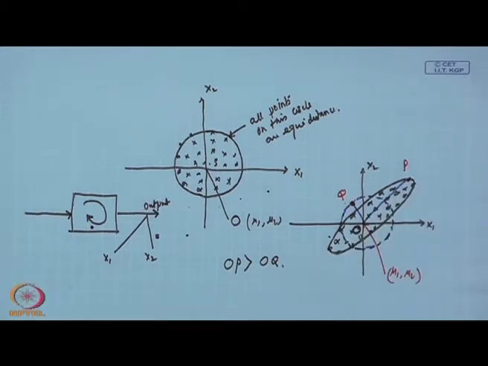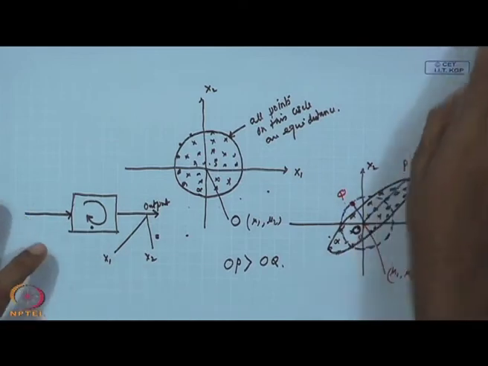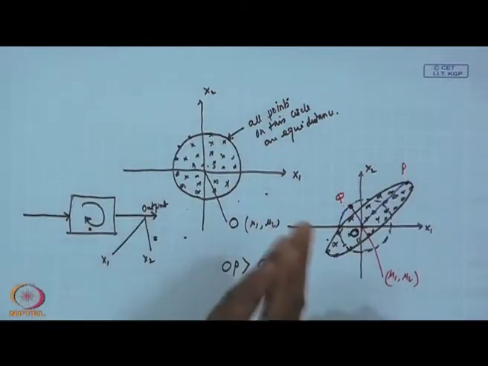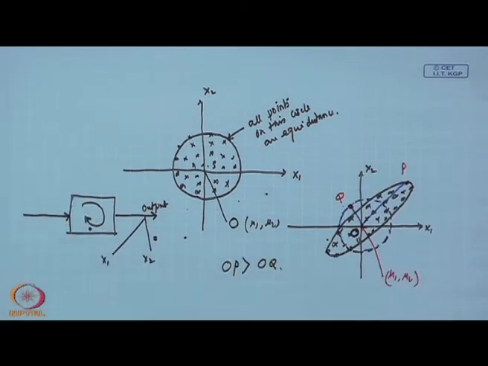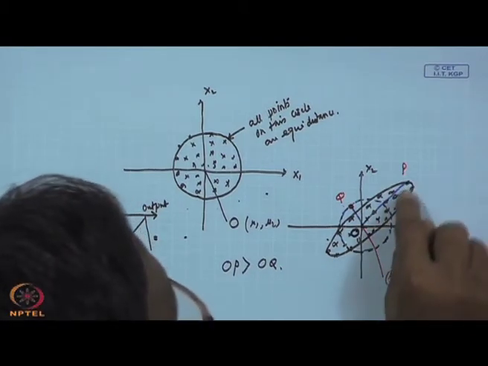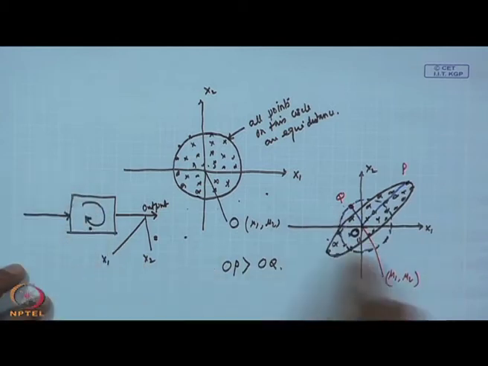Suppose you do not know the distance concept, and we are not interested in defining the scattered observations from a distance point of view. Then which one is closer to O, that is mu, P or Q?